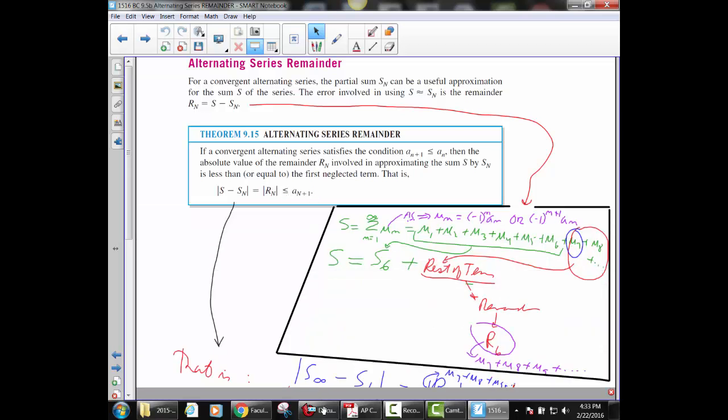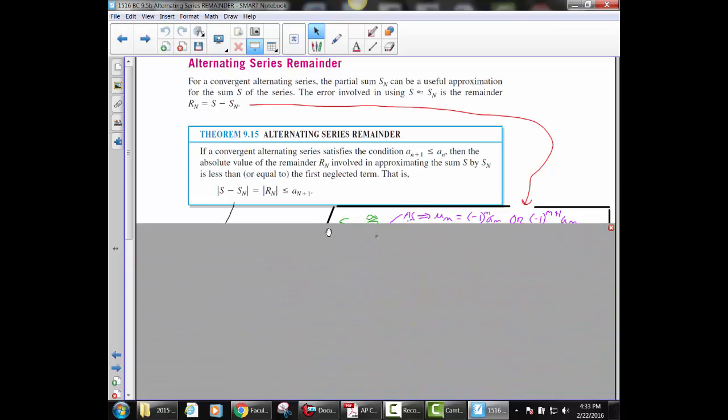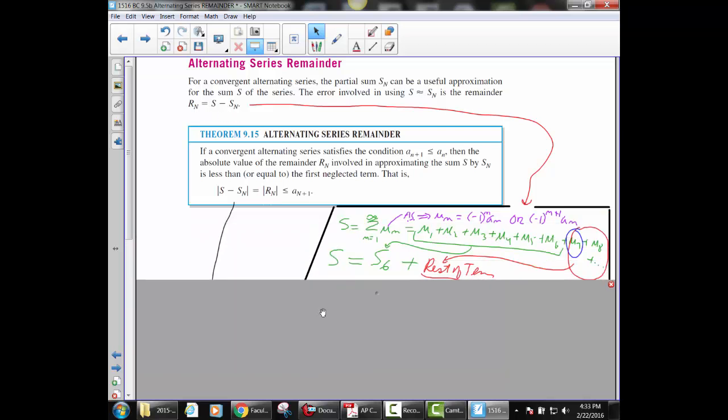Now, the thing I want you to understand is that when you have a series, your a(n+1) is the part attached to the negative 1 to the power. It's not the whole un, but the an, and you're going to go to the next term. So let me write that out.